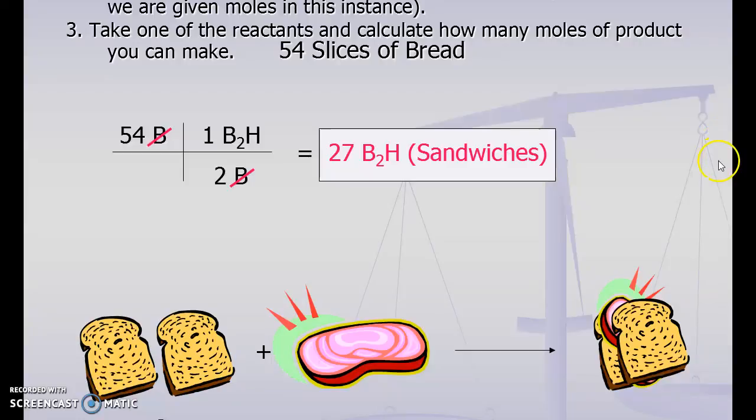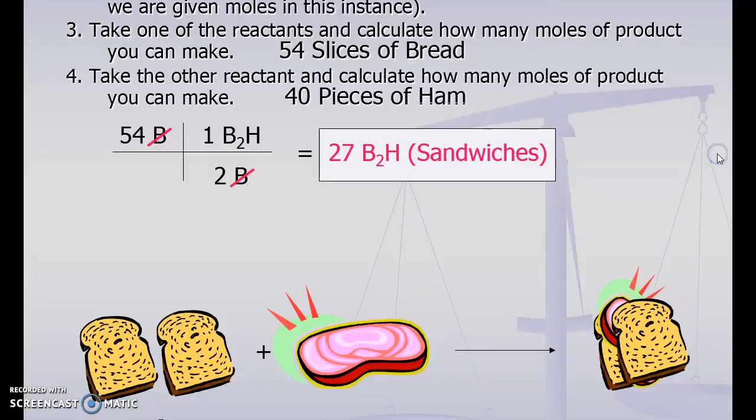So it's a 1-to-2 ratio, which means I could make 27 sandwiches, which I think most of you knew to take 54 divided by 2 to let us know we'd get 27. But again, we wanted to tie in that whole idea of using a balanced chemical equation and the mole ratio to do our math work.